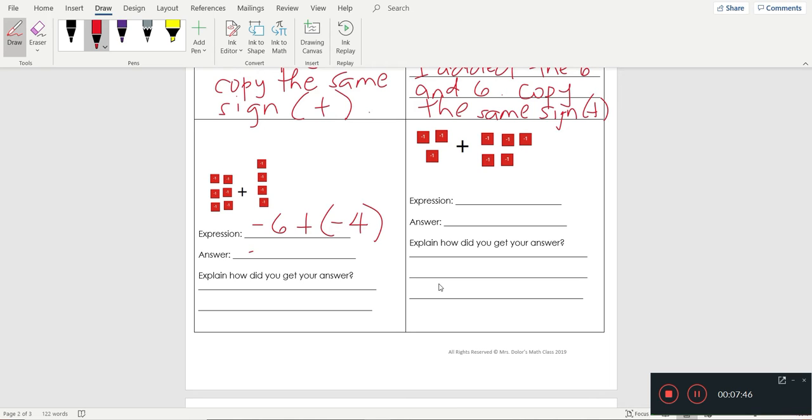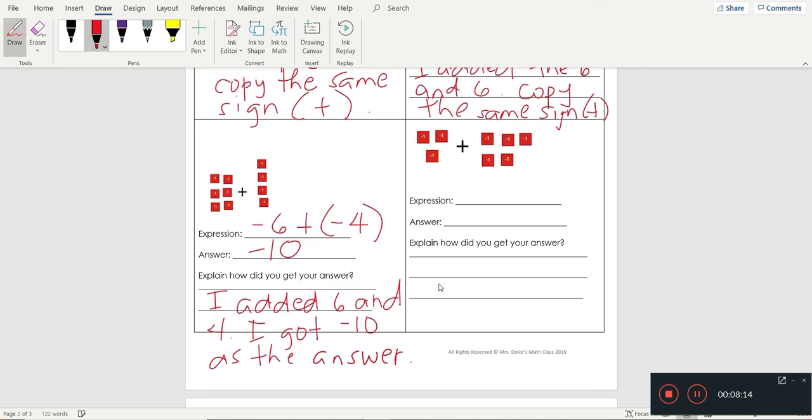No. So you're just going to combine them, and they're both negatives, so it's going to end up negative. So you will say, I added 6 and 4. I got negative 10 as the answer, because I will not do any zero pair.